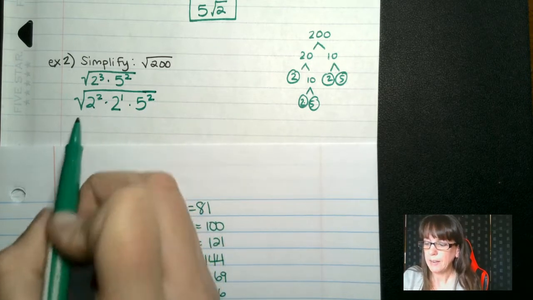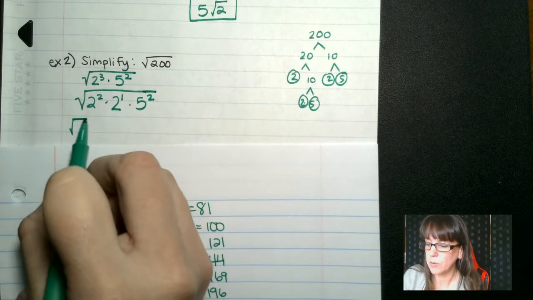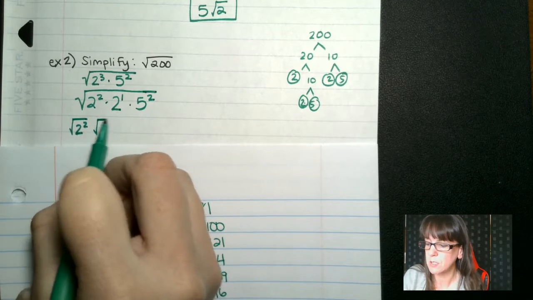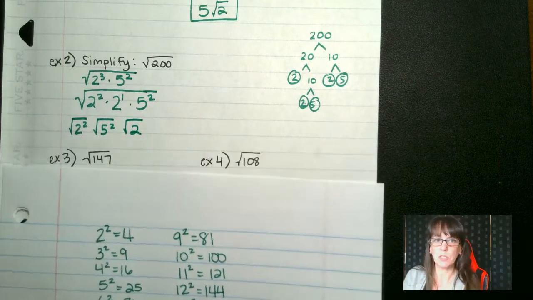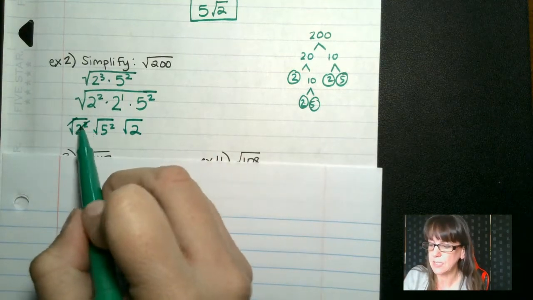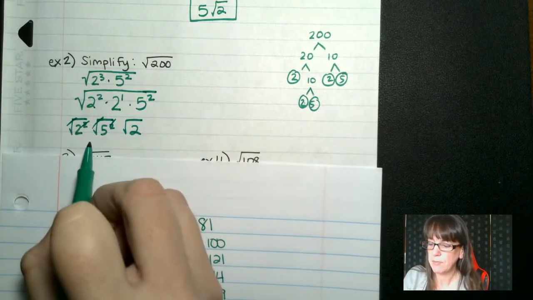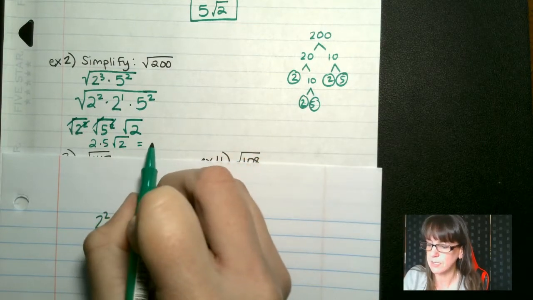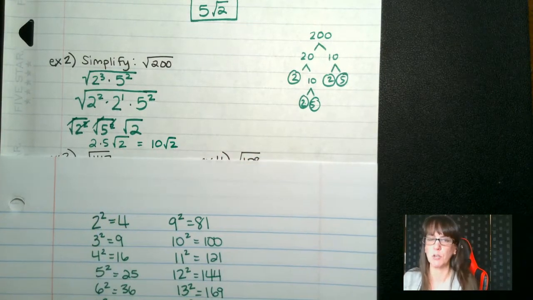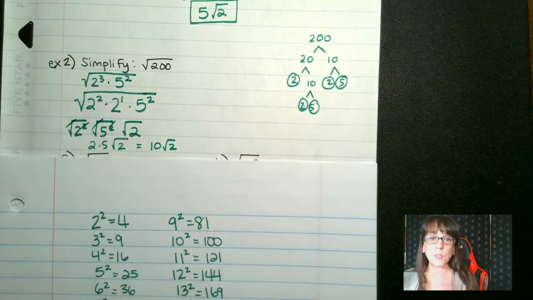So what I have here are the square root of 2 squared times the square root of 5 squared times the square root of 2. These guys, remember, we learned in the last lesson, we can cancel these out. And so what I'm left with is 2 times 5 root 2, which gives us 10 root 2. Sorry, I didn't leave myself enough room. So that's one method of doing it.